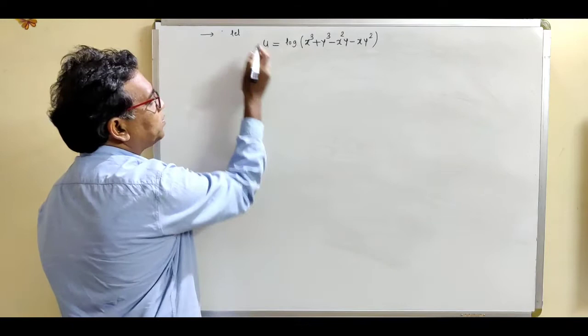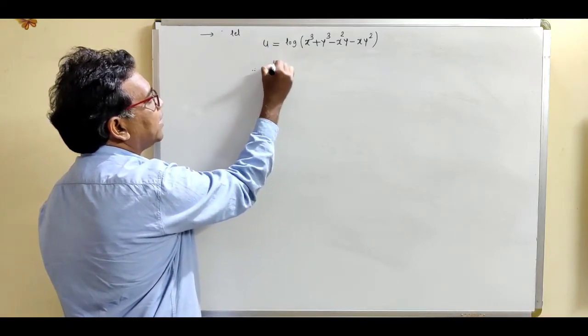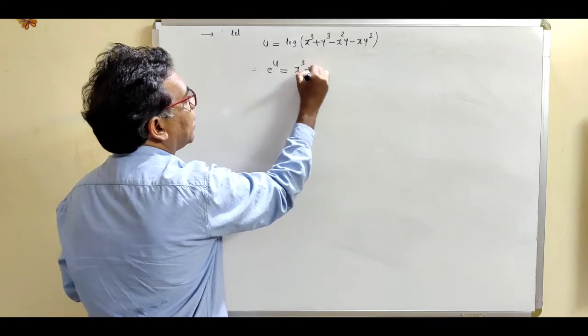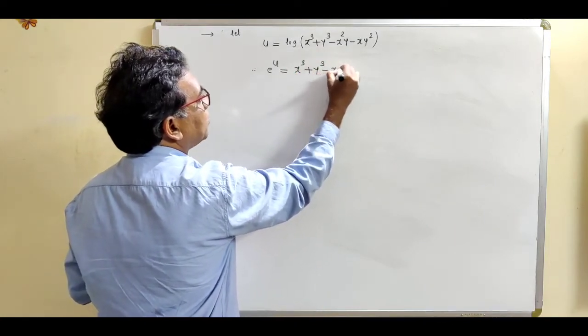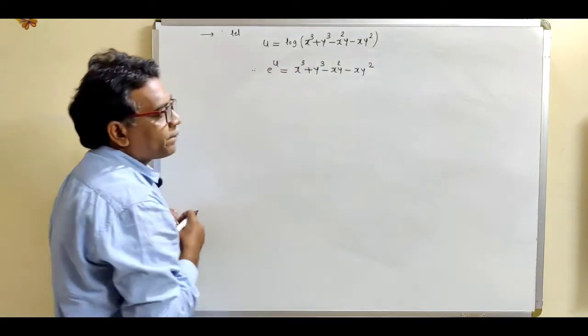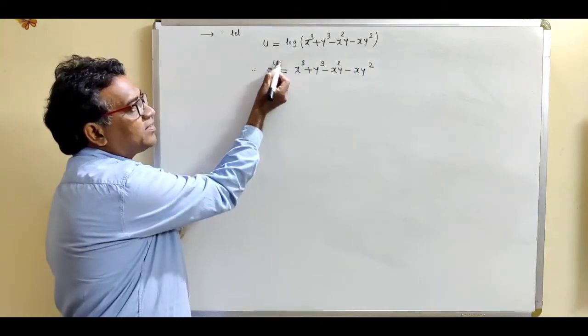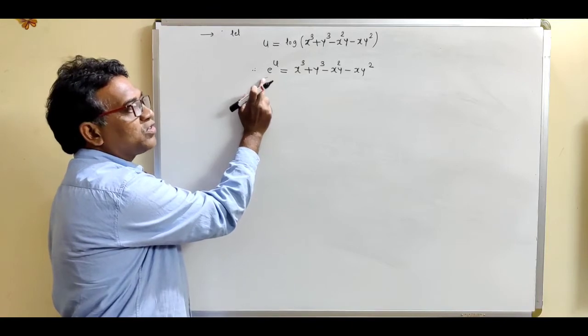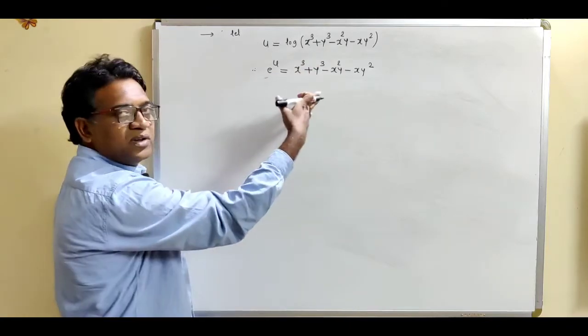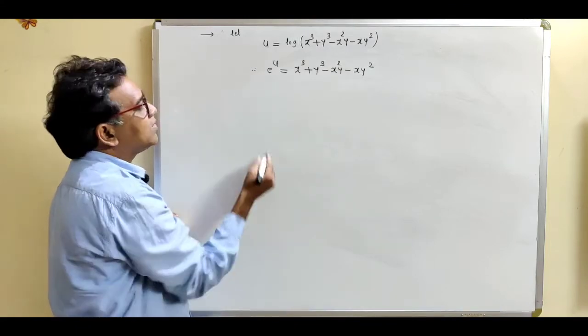Now first of all, transform this logarithmic term, it becomes exponential term: e raised to u is equal to x cube plus y cube minus x square y minus xy square. So obviously this e raised to u is a homogeneous function having degree 3. What is the degree of this homogeneous function? It is 3.